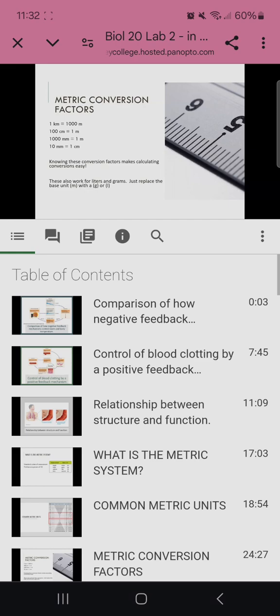So from milli to liters. You can use the method I showed you. You can add 0.0 and then just move the decimal point inside, right?